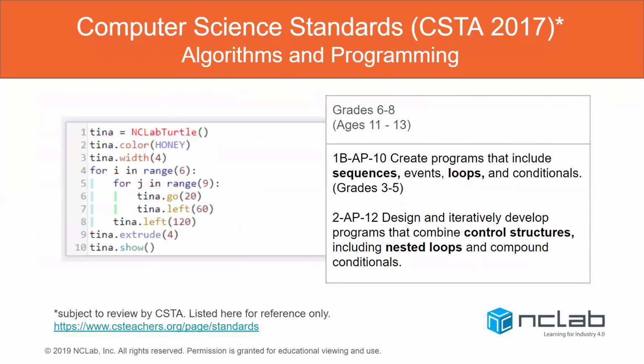I pulled two standards from CSTA. Really, the skills we're learning are firmly entrenched in algorithms and programming. And now CSTA expects that children in grades 3 to 5 will create sequences, events, loops, and conditionals.